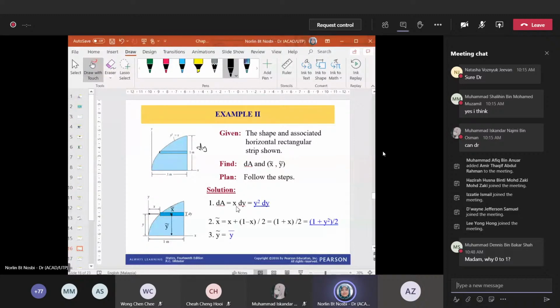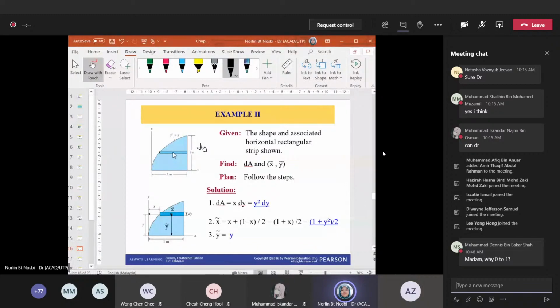For x, you have to replace it with the same variable, so x is equal to y squared. So dA equals y squared dy. Now step 3, you need to find the centroid, the center point of this horizontal rectangle.